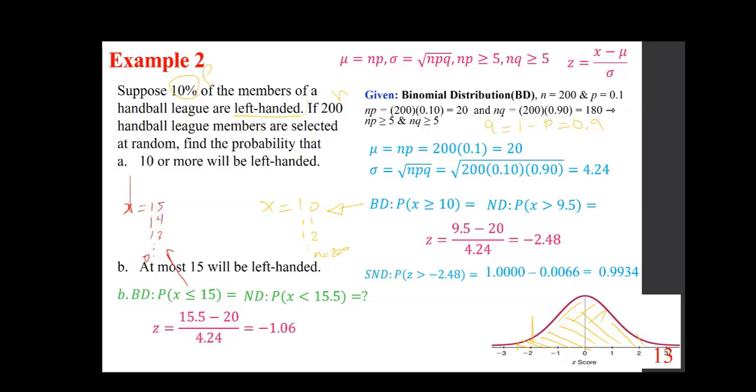And to me, graphing is important. So let me actually do the graph up here. So we want the probability of z being less than negative 1.06. This is, again, not to scale by any means, negative 1.06.